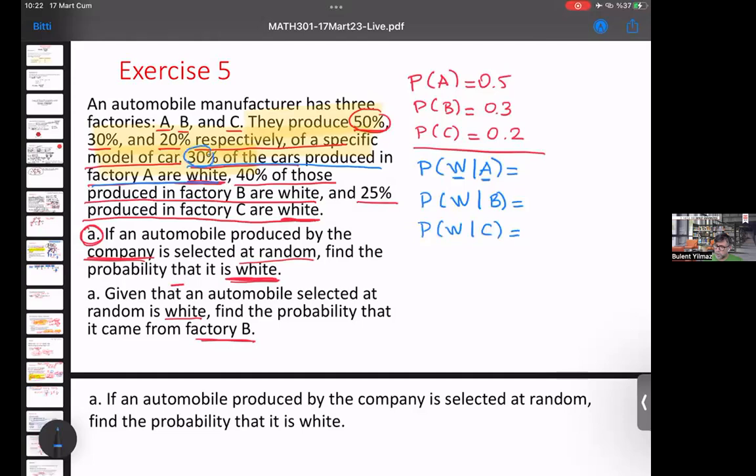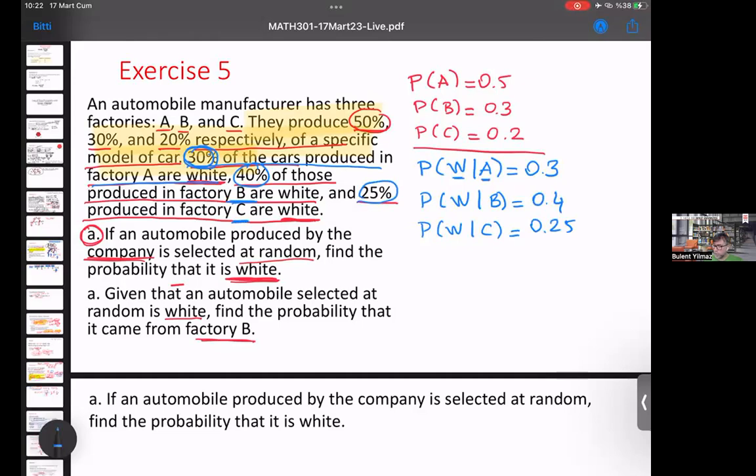It is 30%, 0.3. From factory B? 40%. And 25% when it is from factory C.